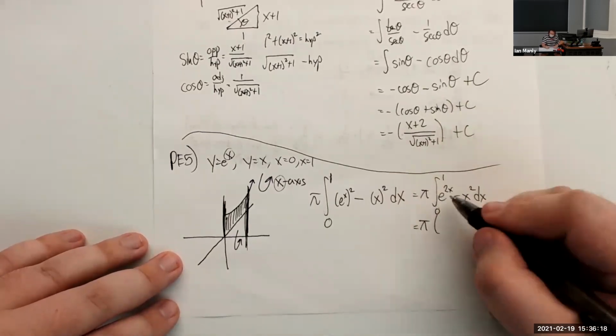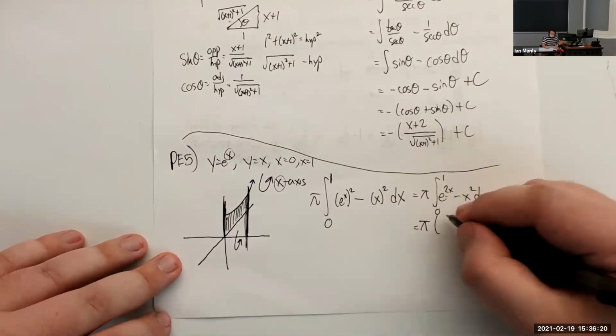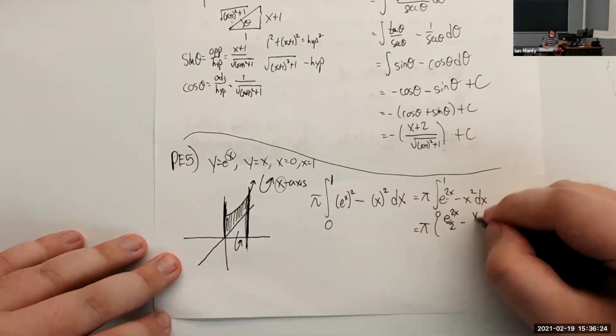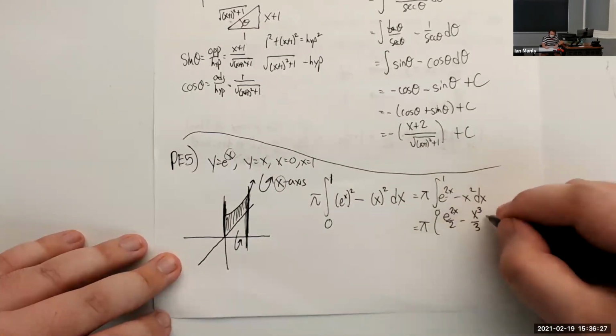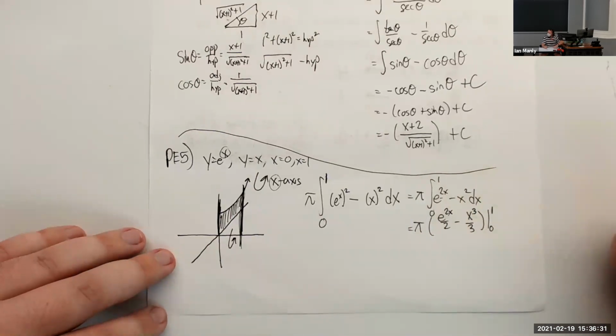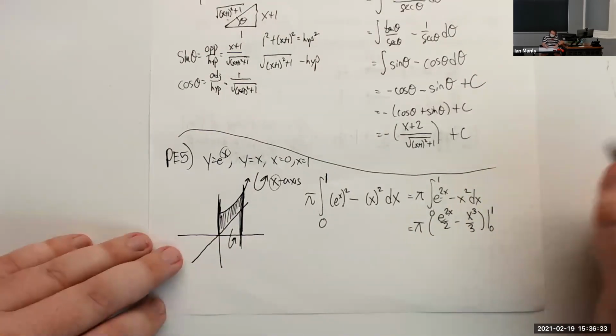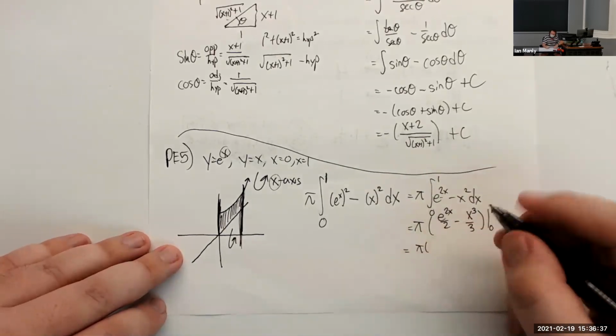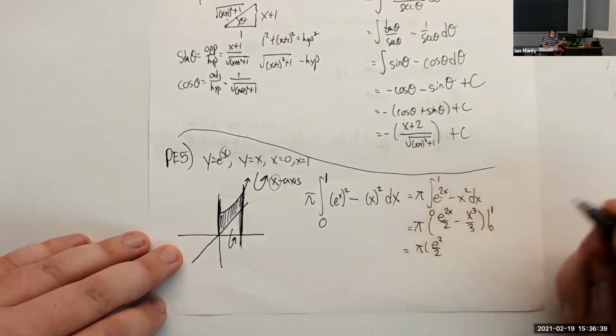All right, let's see. So we do this integral by dividing by 2. And then we raise this power to 3, divide by 3. And then we have this go from 0 to 1 right here. All right, so I'm going to plug 1 into here. And so we have e squared over 2.